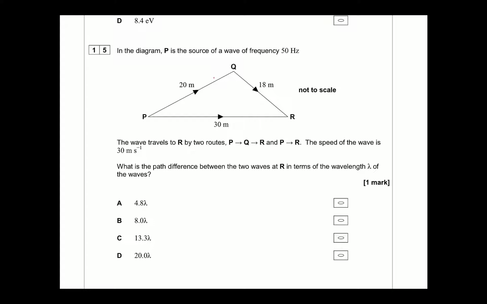And the wavelength is 30 divided by 50, 0.6 meters, so 8 divided by 0.6.